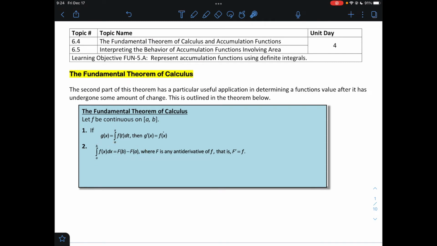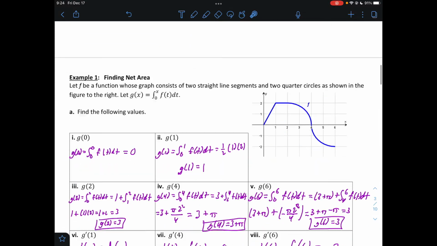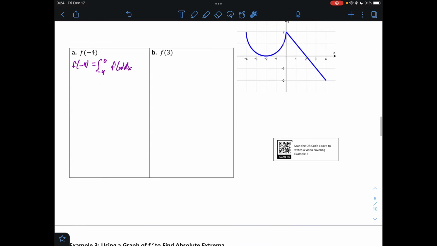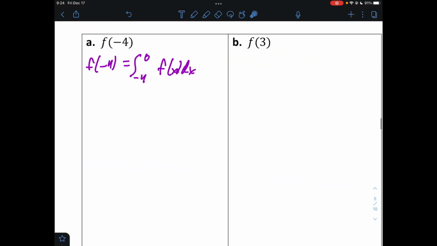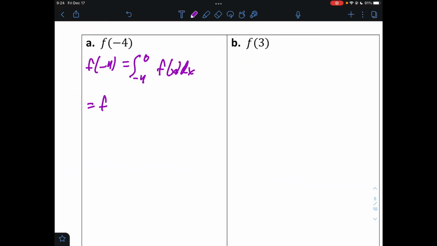We know that this would be f of 0 minus f of -4. Right? And we know what f of 0 is. So that would be -3. We don't know what f of -4 is, but we can figure it out.